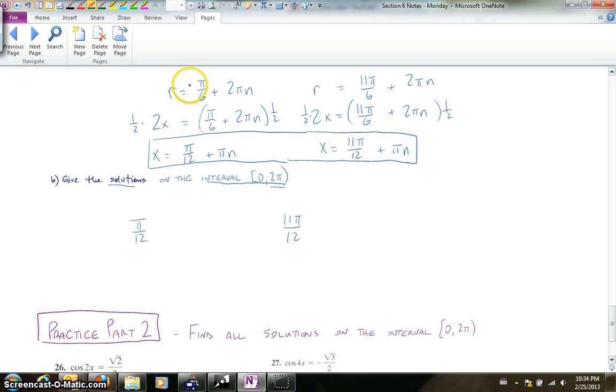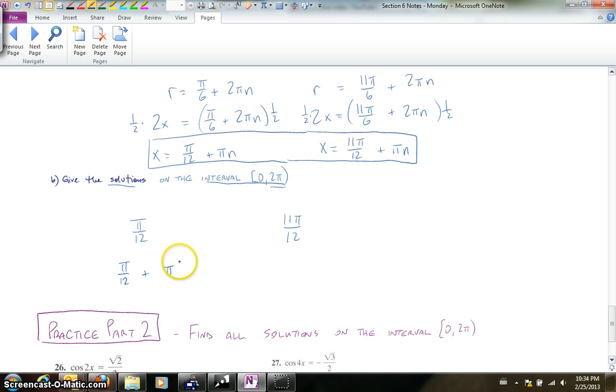But this time, because of the way the angle worked, our angles that have a cosine of radical 3 over 2 are pi over 12 plus just pi n, not plus 2 pi n. And so pi over 12 works, but also pi over 12 plus pi is going to be another angle that will work for us here.